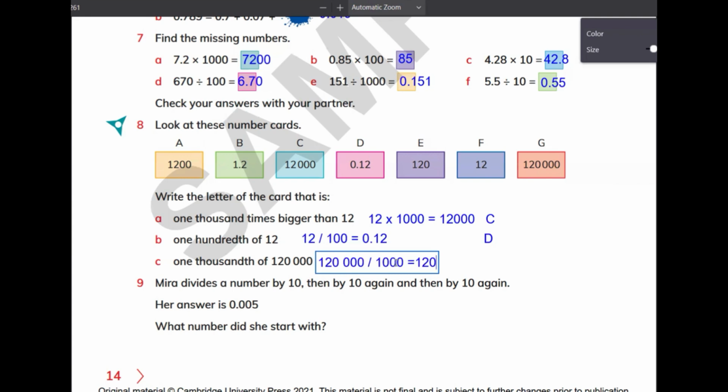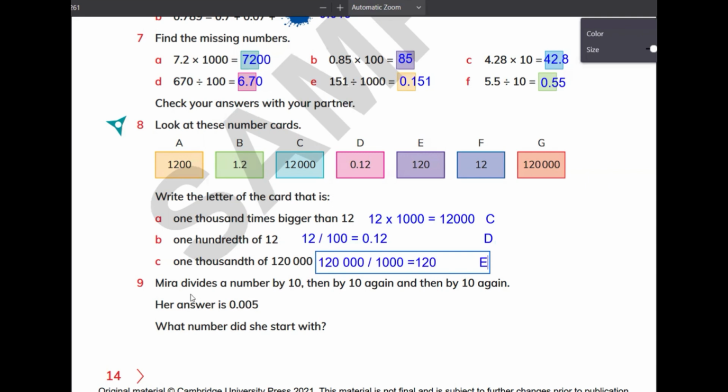Because when we divide by 1,000, we put the decimal point after 3 digits: 1, 2, 3. It will be 120.000, which means 120. Other people say when we divide by 1,000 and a number has zeros, we cancel the zeros. If you cancel 3 zeros from 120,000, it will be 120. Then all you need to do is go to your cards on top and find the answer equal to 120. You'll find card E. It is the correct answer.